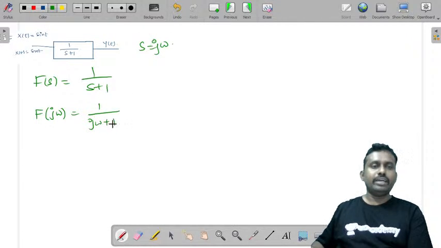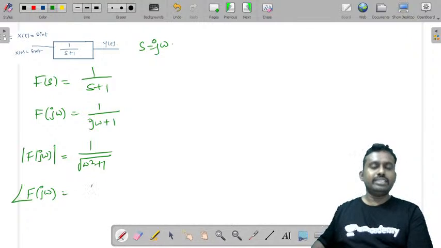So 1 by j omega plus 1. So what is f of j omega? The magnitude of f of j omega is 1 by under root of omega square plus 1. What is the phase angle of f of j omega? First is 1 plus j0 we can consider. So tan inverse 0 by 1 is 0, and this is tan inverse omega by 1 is omega.